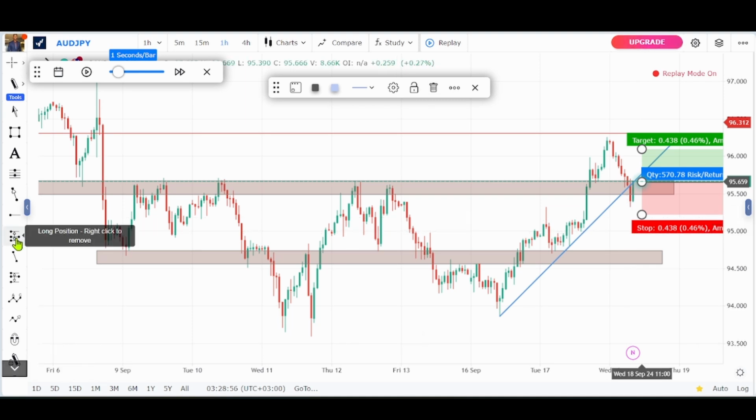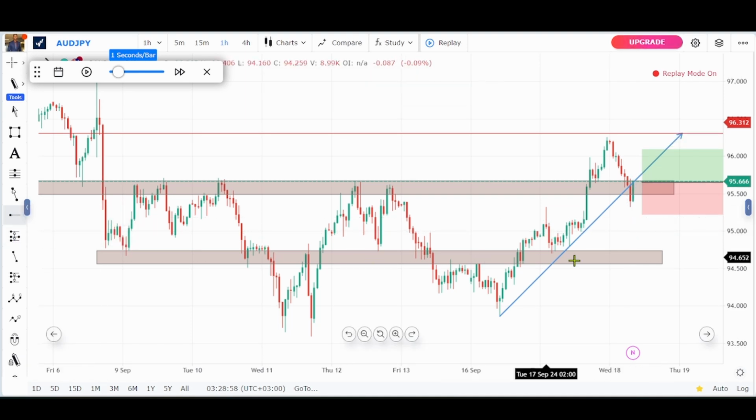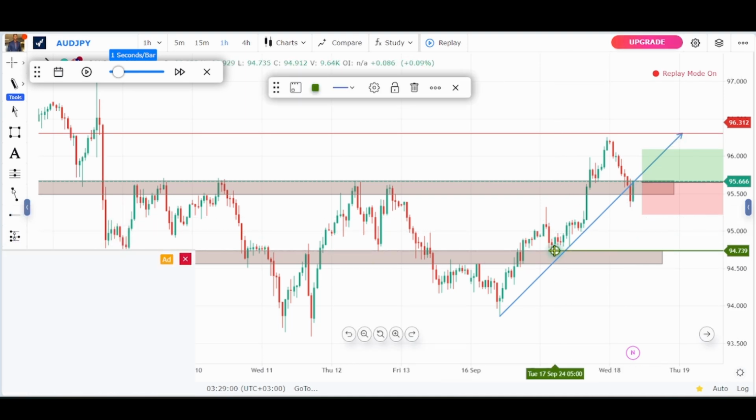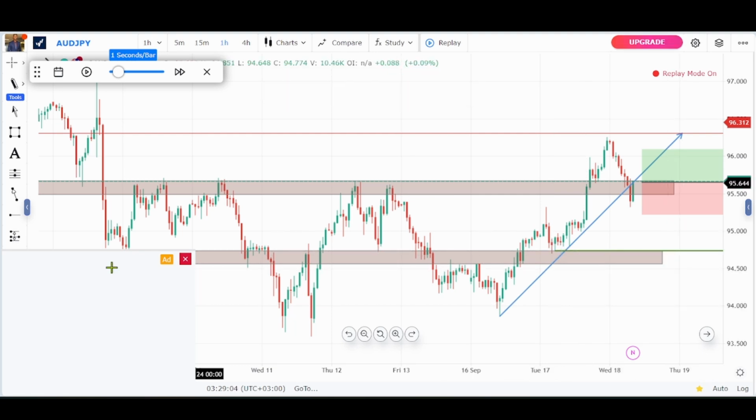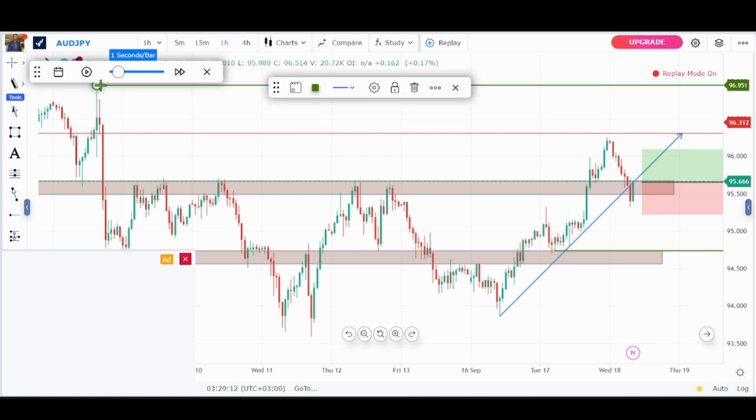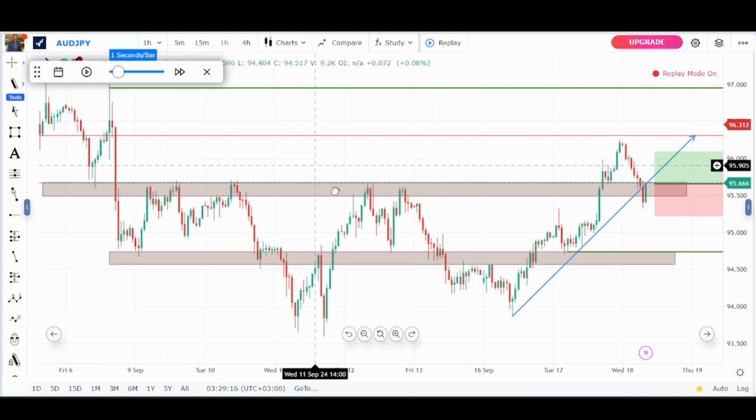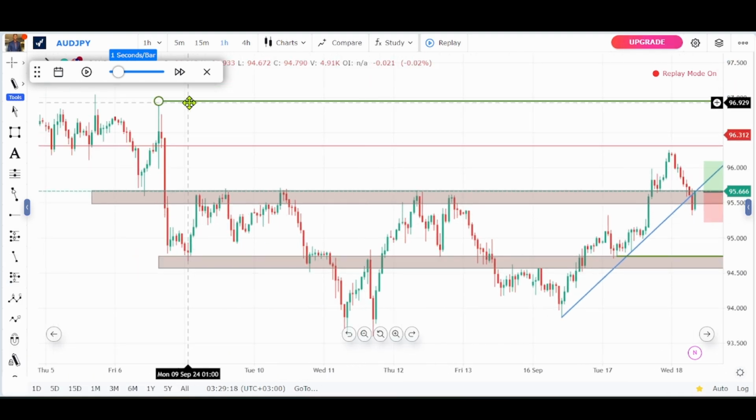And we can use this level, this zone, as our stop loss, and this zone as our take profit.